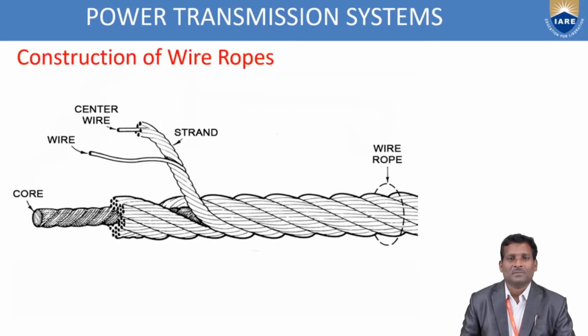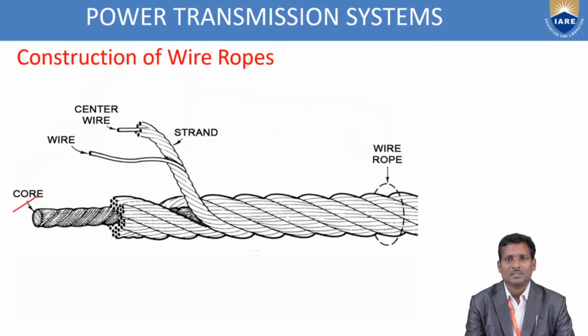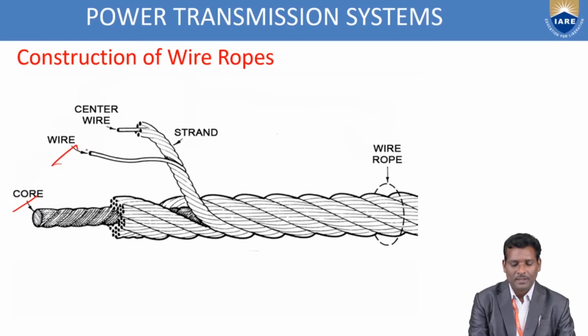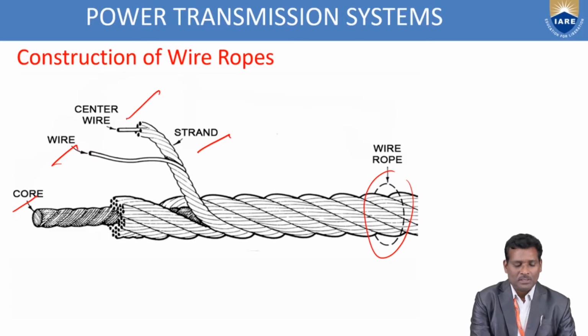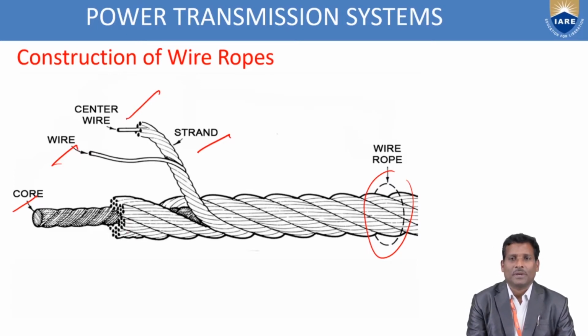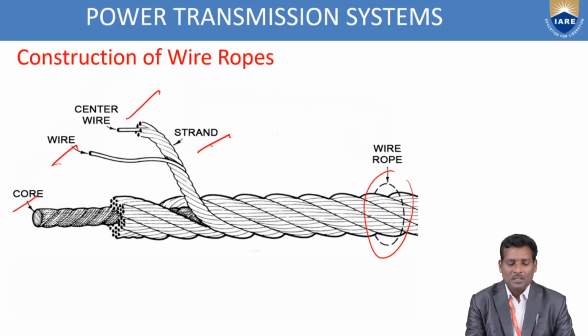The construction details of wire rope are as shown in the figure. It consists of mainly three parts: core, wire, and strand. The entire thing is known as the wire rope. The core is the center part of the wire rope. The strand is made of multiple wires.